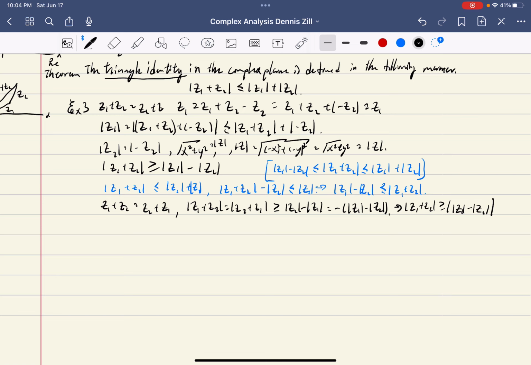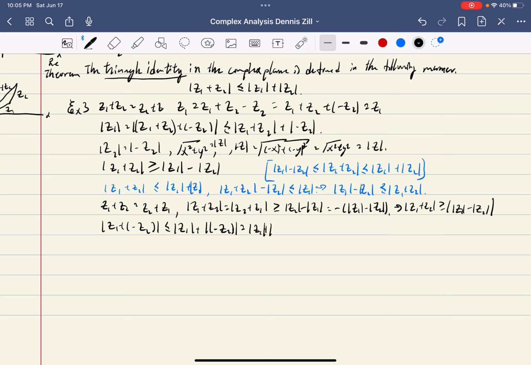And then next, if we replace z2 by z1, we just proved it earlier, right? We have z1 plus z2 is less than or equal to z1 plus the modulus of negative z2, well, that is also equal to z1 plus z2.